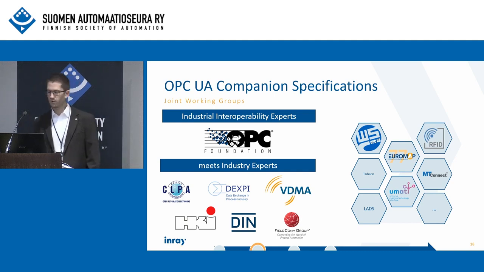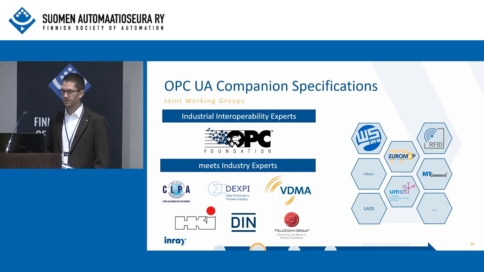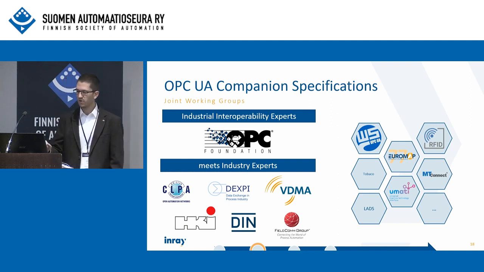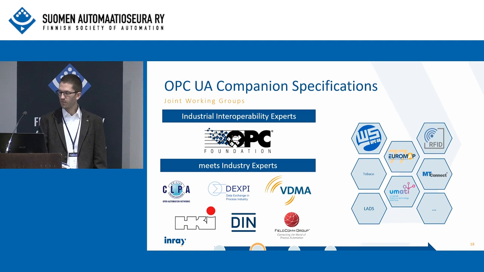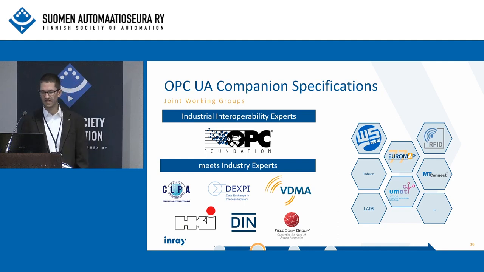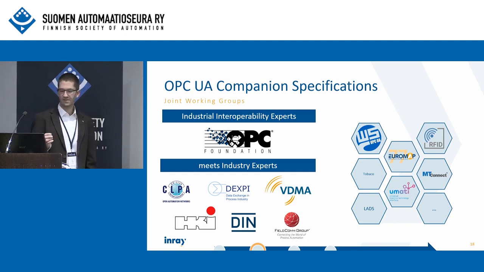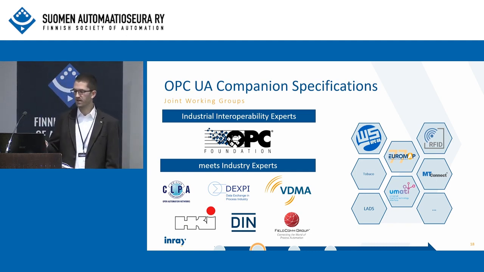Experts from all over the world create domain-specific data models in working groups. Many joint working groups have released initial versions or already extended versions, and the feedback on these release candidates and releases gets integrated into the following versions. And with the fast adoption seen for many companion specifications in the industry, like Auto ID or Euromap, it gets clear that the world was waiting for these standards.